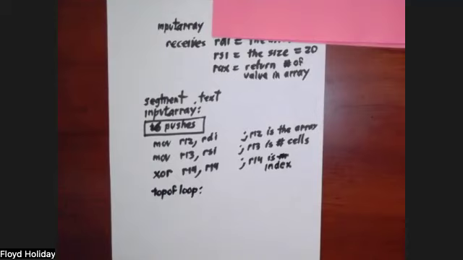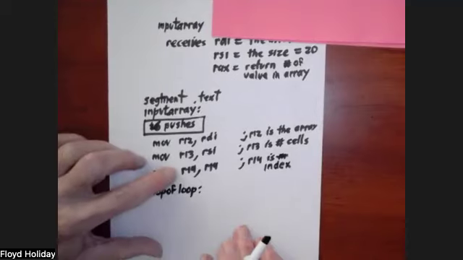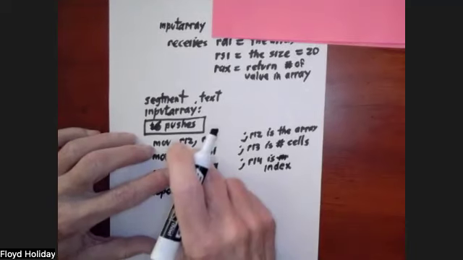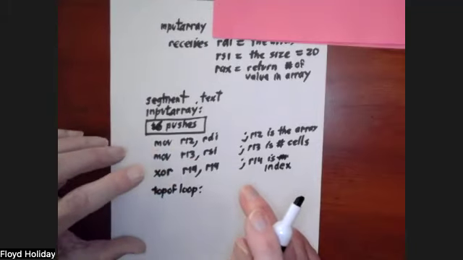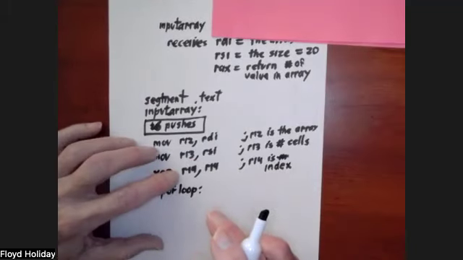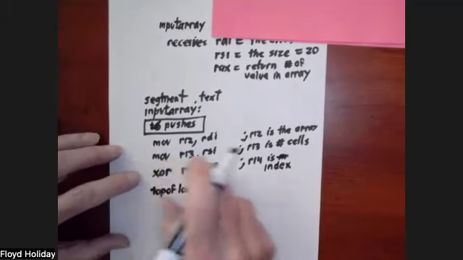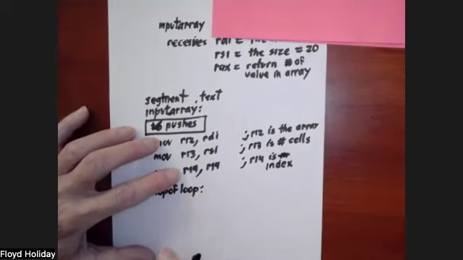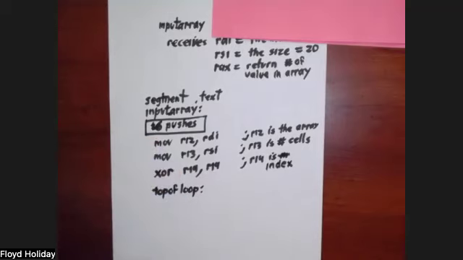The first thing we're going to check for is, R14 surpassed R13? R13 is the limit. R14 starts at 0 because of this statement here. If R14 is equal to or greater than R13, the array is full.